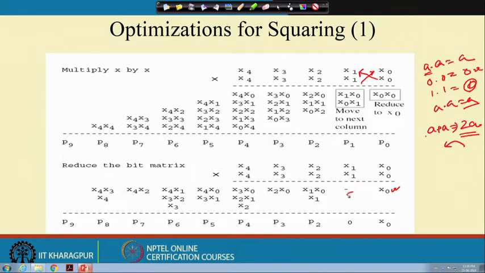So, this x 1 x 0 will move to the next column. Now for P 2, what will be the case? For P 2, it will be x 0 x 2 or x 2 x 0, then x 1 x 1, then x 0 into x 2.